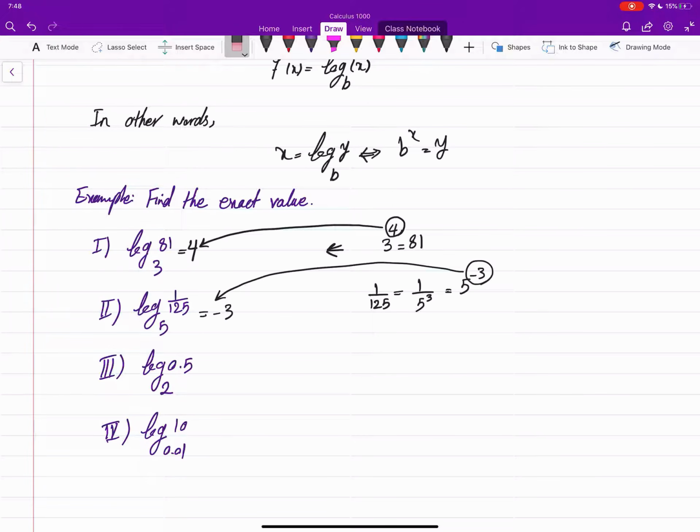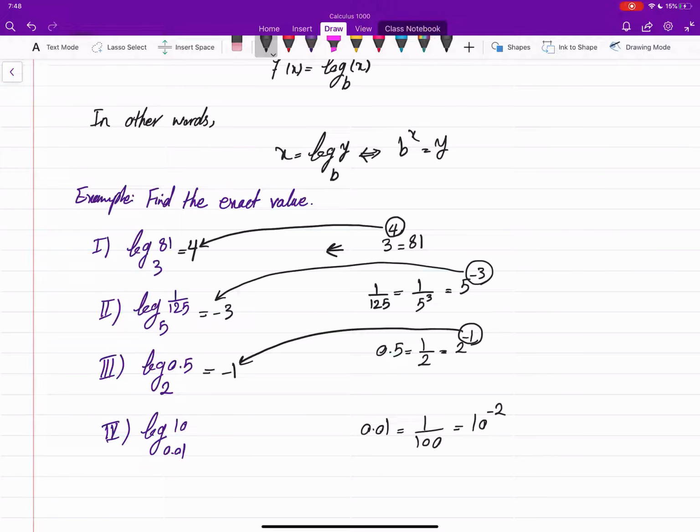For 0.5, you see that this is the same thing as 1 over 2, but that is 2 to the power negative 1, so that is why we have negative 1 here. And when you look at 0.01, you see that this is 1 over 100, and this gives us 10 to the power negative 2, yes?